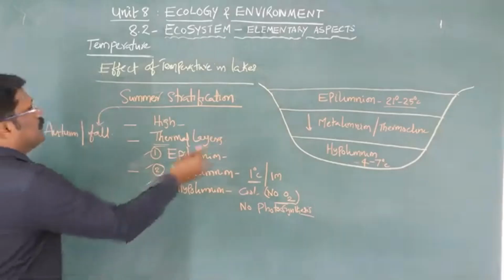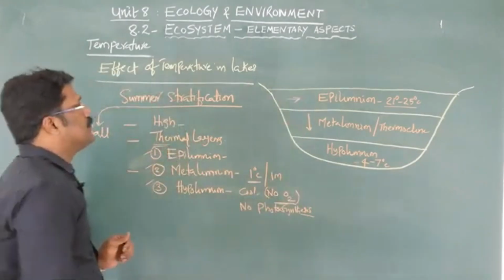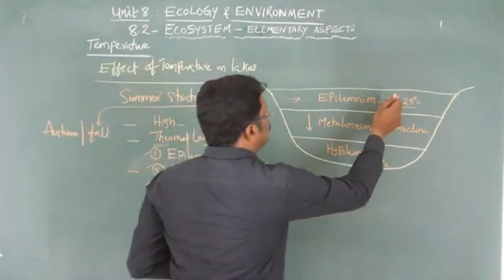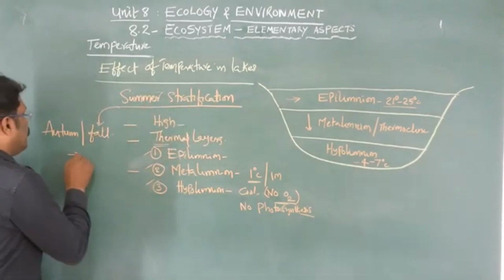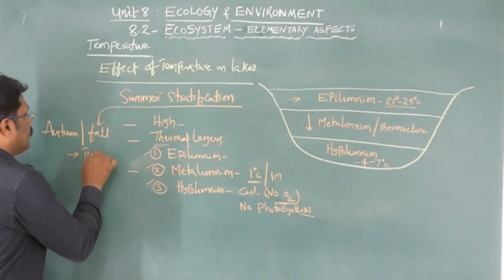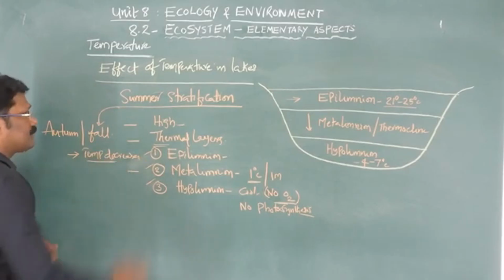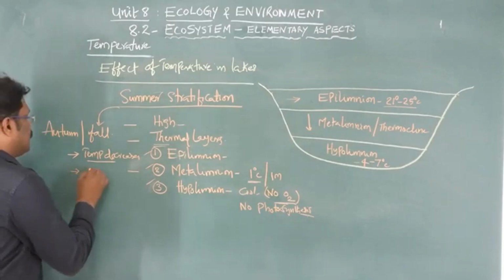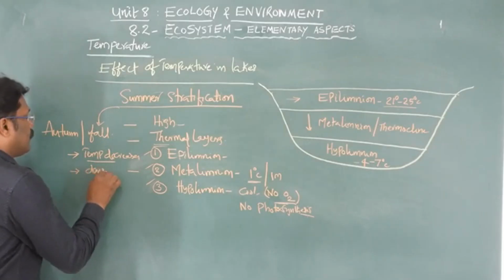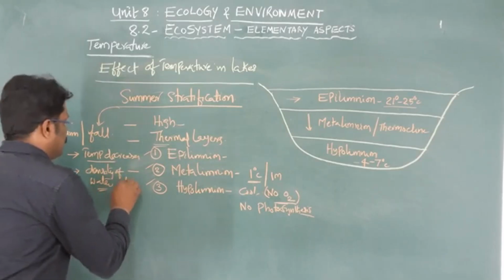During this period, the upper layer, which is at 21 to 25 degrees centigrade, decreases in temperature, and because the temperature decreases, the density of water will increase.